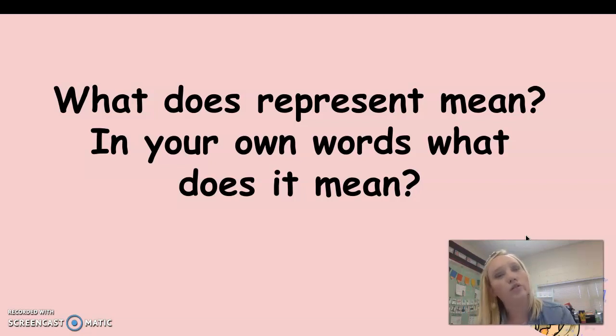If I wanted you to represent the number 4, could you show me the number 4 on your fingers? 1, 2, 3, 4. We just represented the number 4. Let's do one more. Can you represent the number 5 with your fingers? 1, 2, 3, 4, 5. So that means that you're showing. The word represent means to show. Very, very good. You guys are so smart.